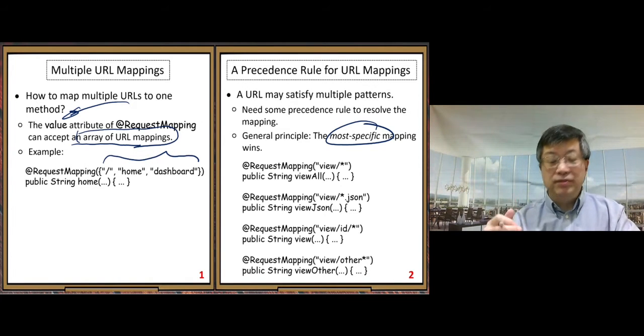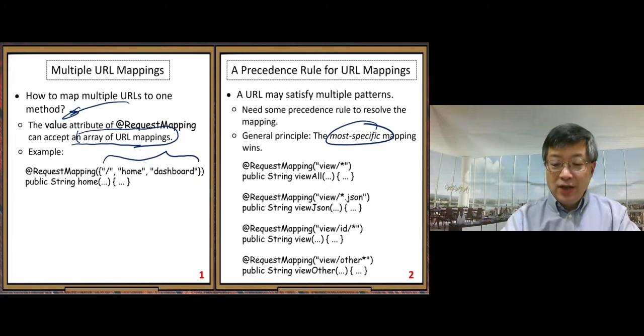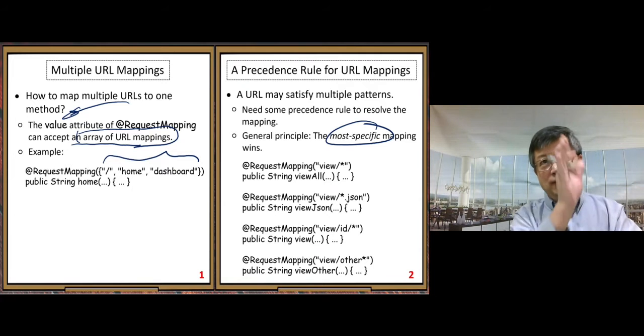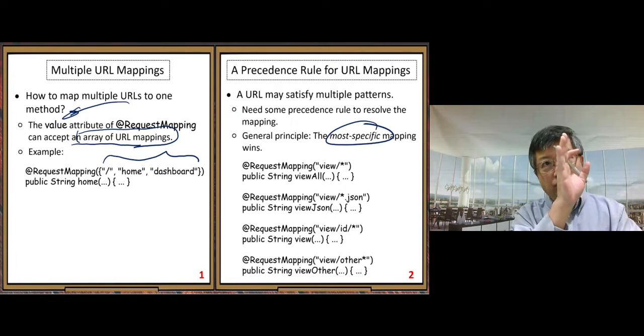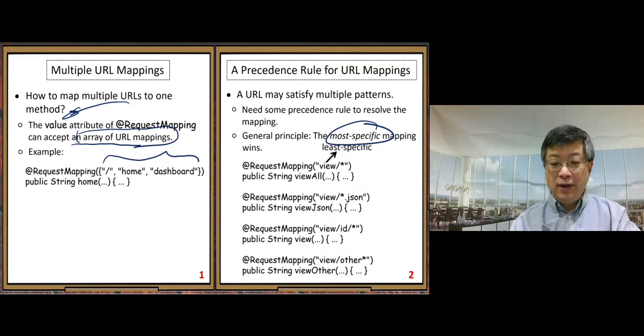All right, 4 methods in this way. So look at the URL pattern part. These patterns. Now, given a URL, which one should be mapped? I show you 3 examples here. And here, this is least specific, because you match the view, and then star matches everything after view.